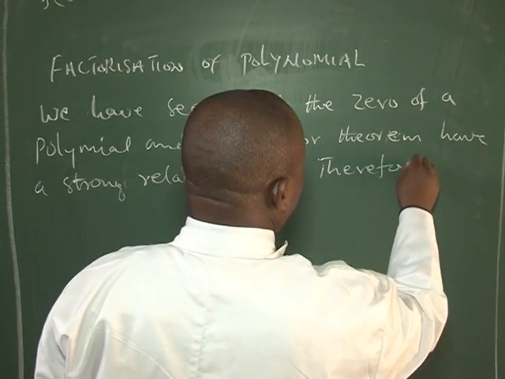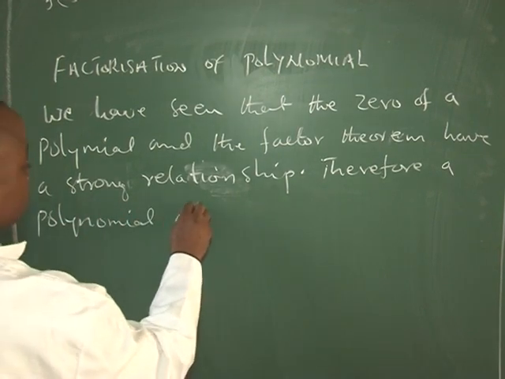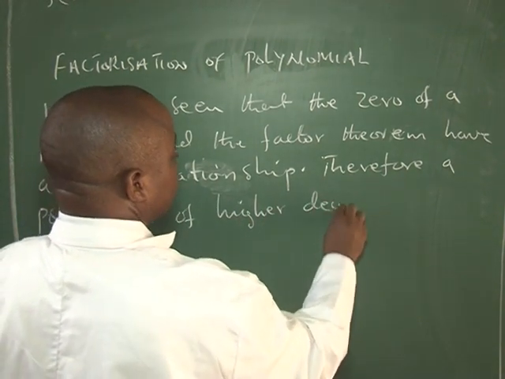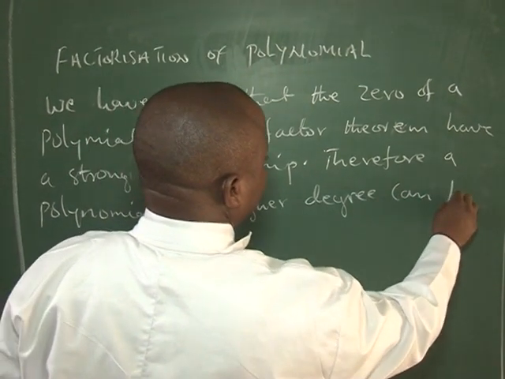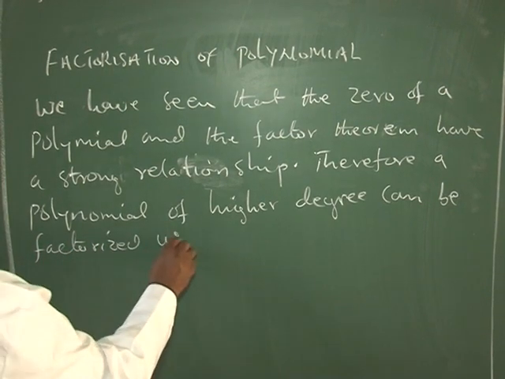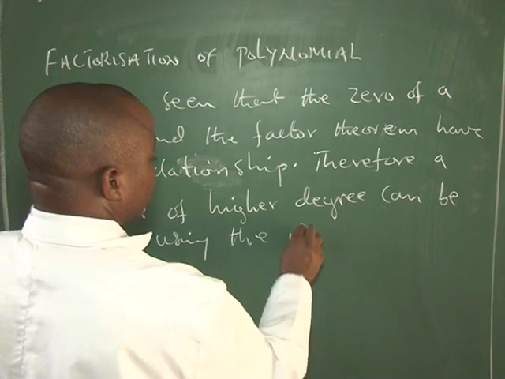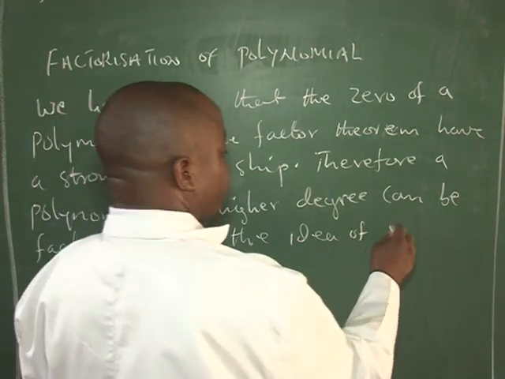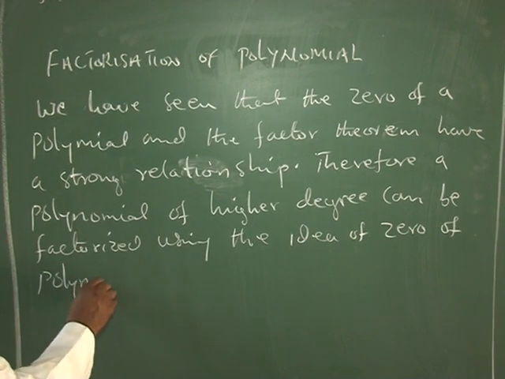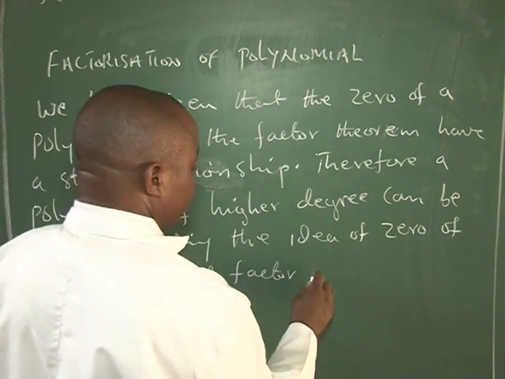Therefore, a polynomial of higher degree can be factorized using the idea of zero of polynomial and the factor theorem.